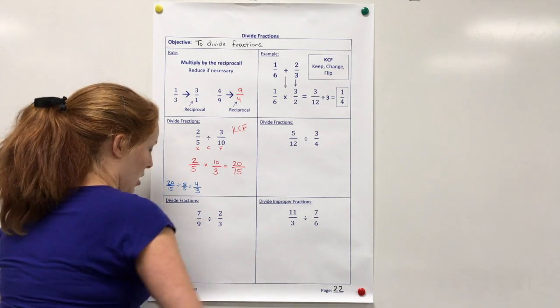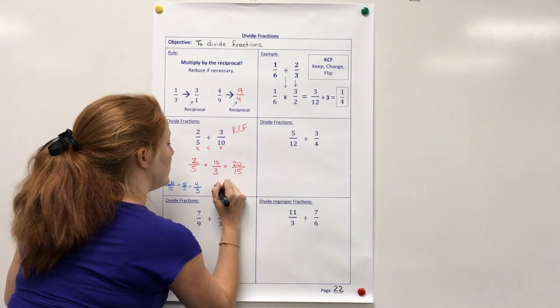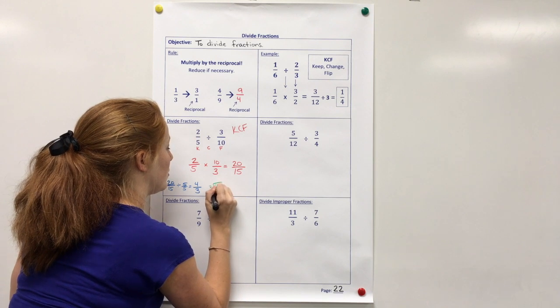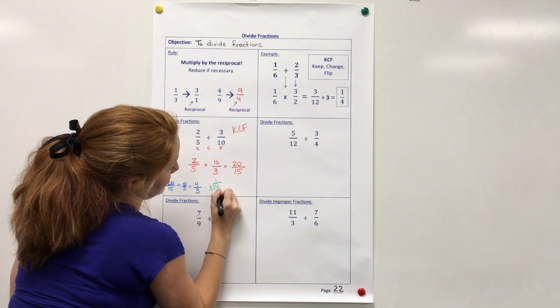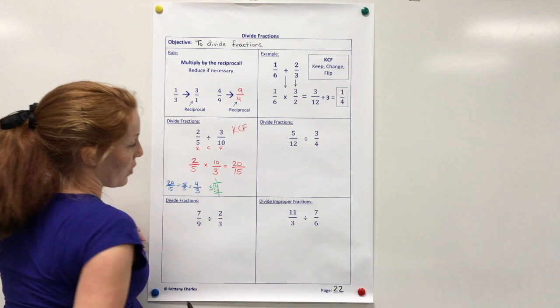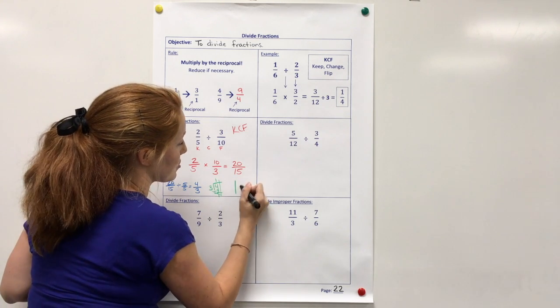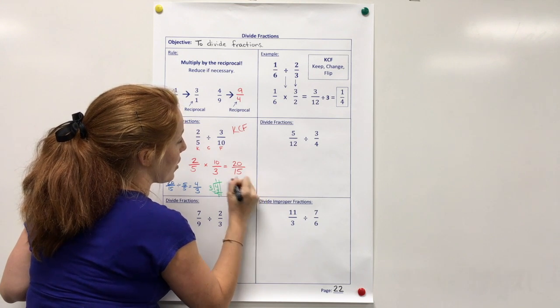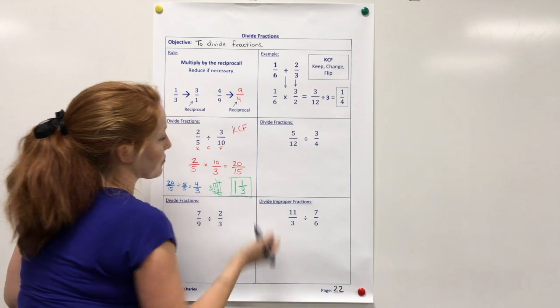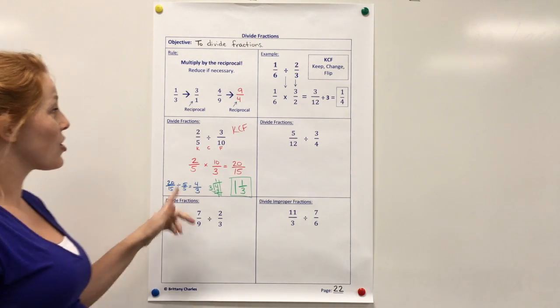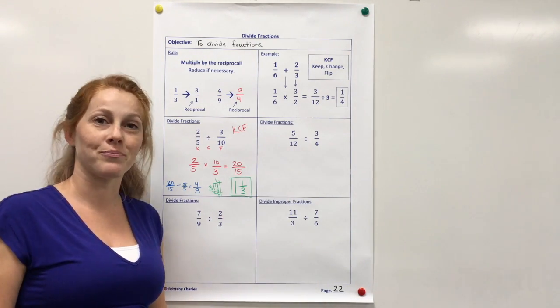So 3 goes into 4 once, with 1 left over, so make it 1 and 1/3. My answer would be 1 and 1/3 as my final answer. Okay, go ahead and try the next one on your own.